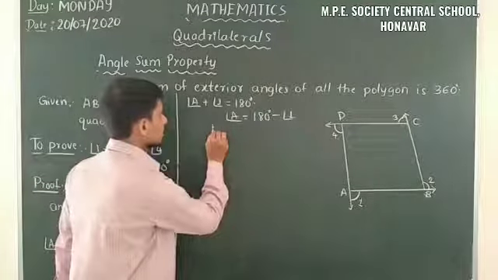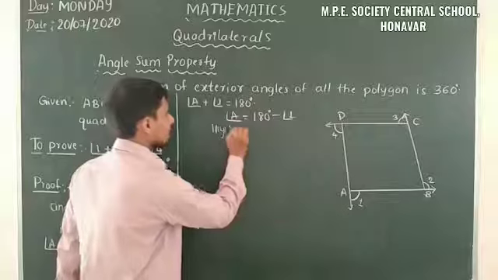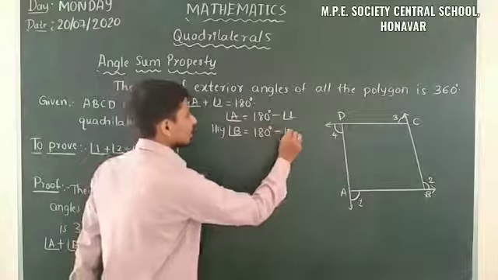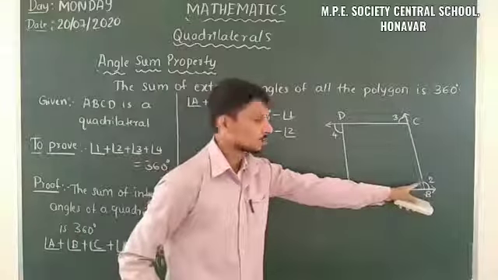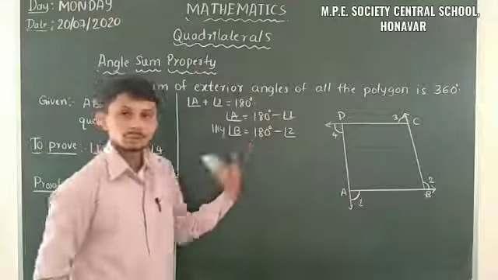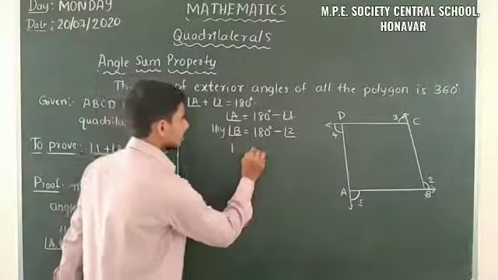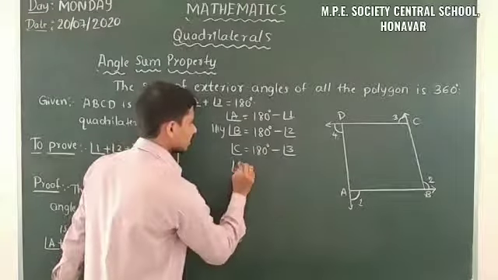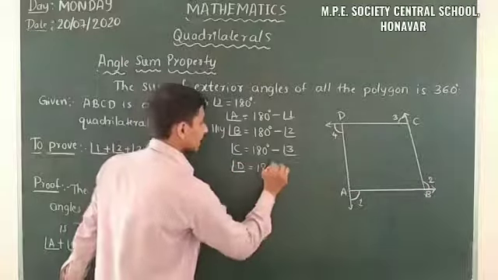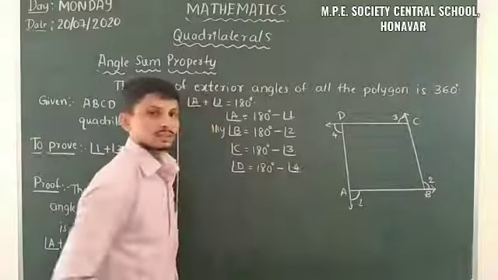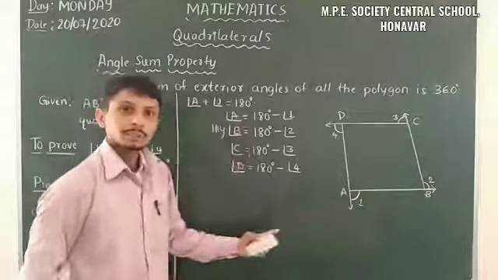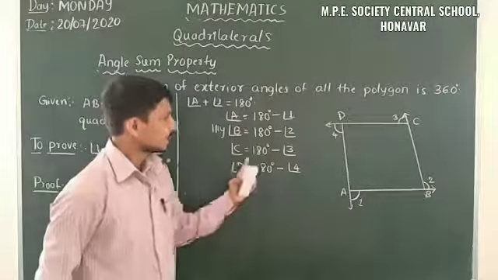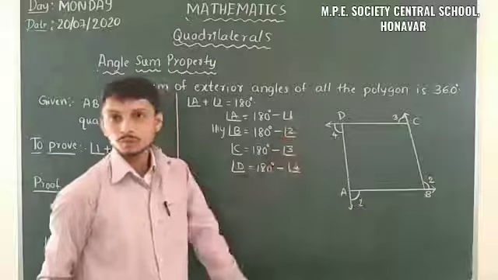Then similarly angle B is equal to 180 degrees minus angle 2. Then angle C is equal to 180 degrees minus angle 3. Then angle D is equal to 180 degrees minus angle 4. So we express all the values of A, B, C, D in the form of 1, 2, 3, 4.